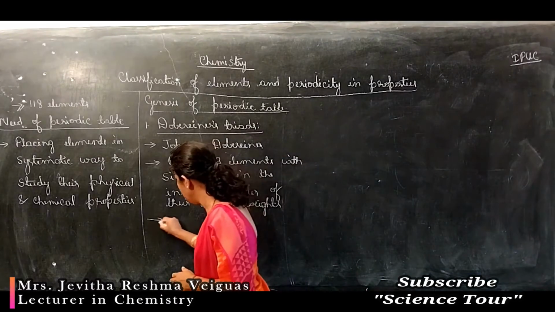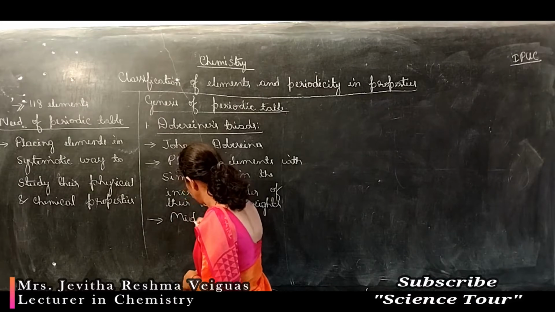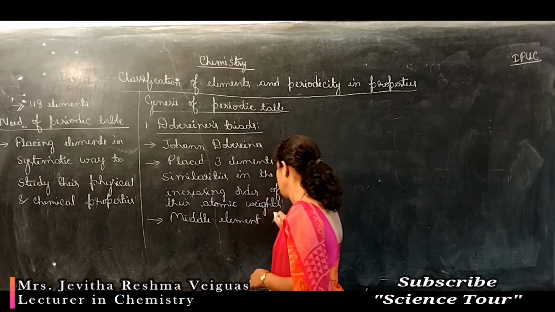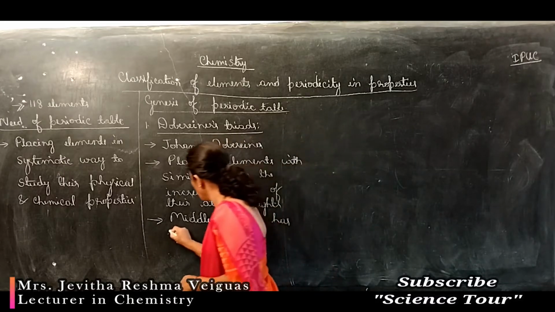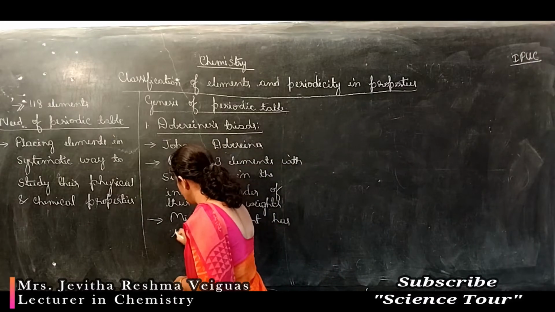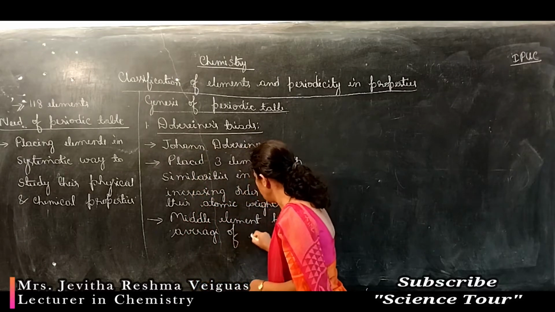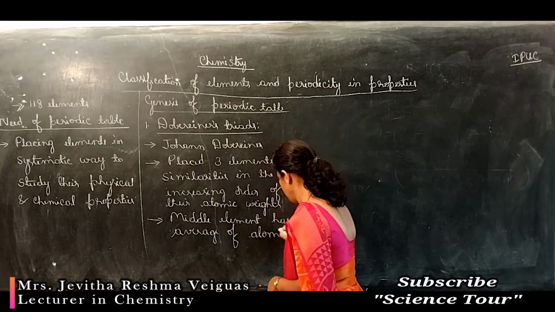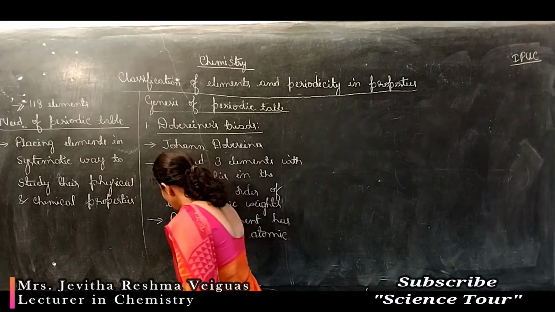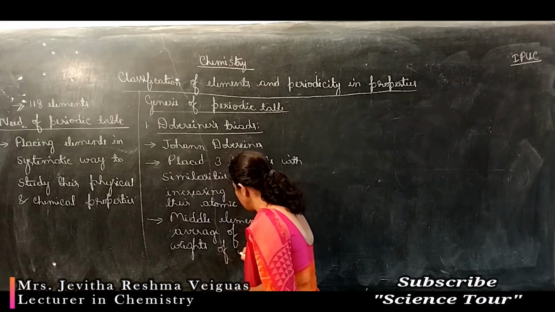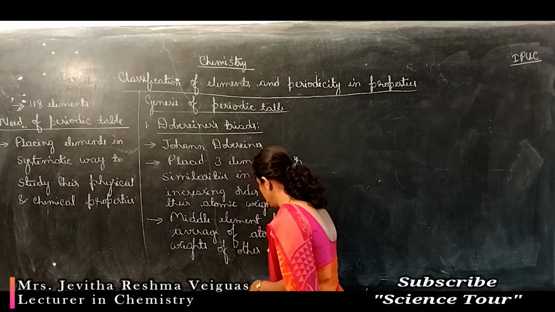So the middle element has the average of the atomic weights of the other 2. This is the speciality of Dobereiner's periodic table.